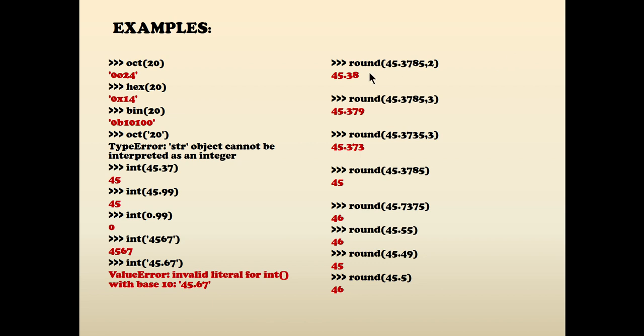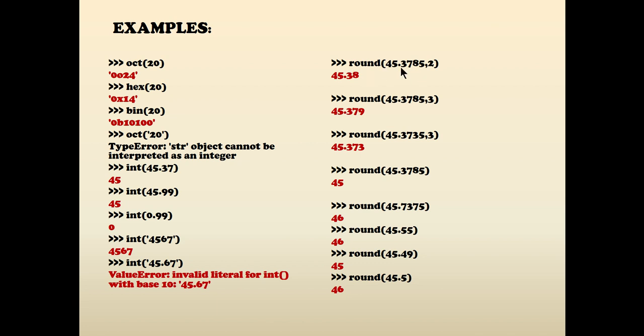Now look at the round function. Here, round of 45.3785 comma 2. What we read is that the second argument you give is the number of digits to be displayed after the decimal point. Here I have given the value 2, so it should give the value in 2 decimal places.